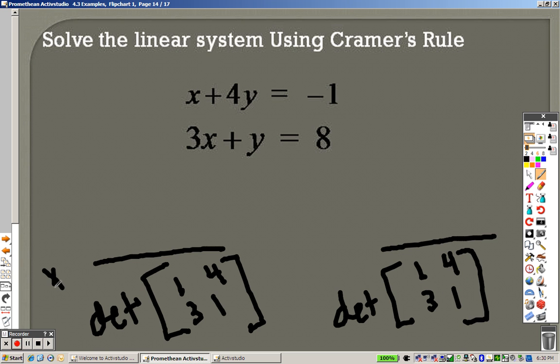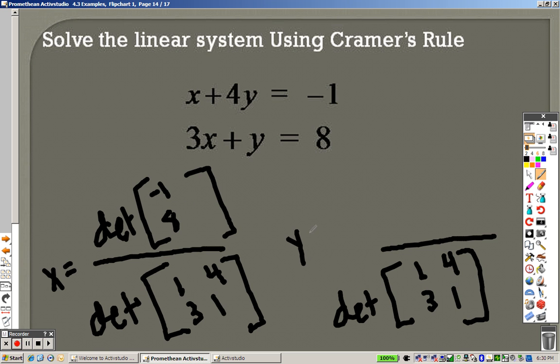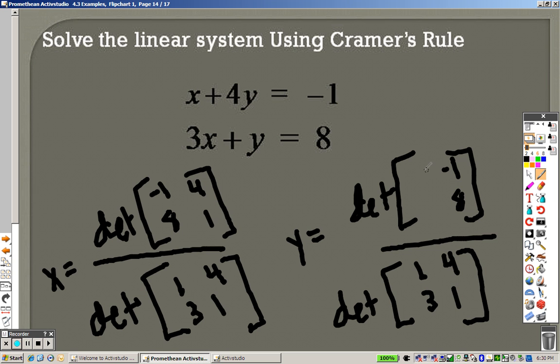And solving for x, remember, the x changes with the answer, and when you're solving for y, the y changes with the answer. So we put the x's in there and the y column in there, and we make them match up.